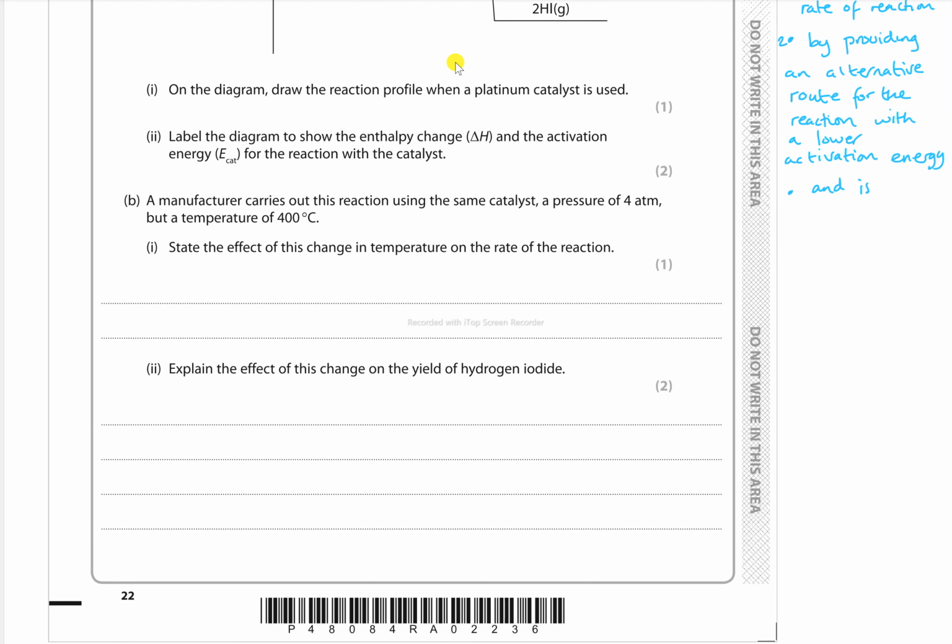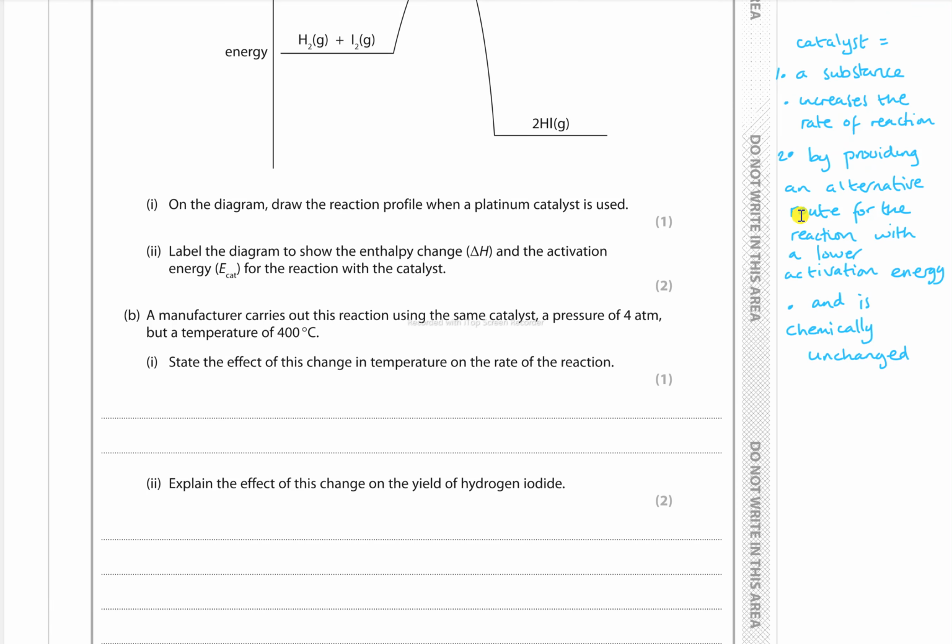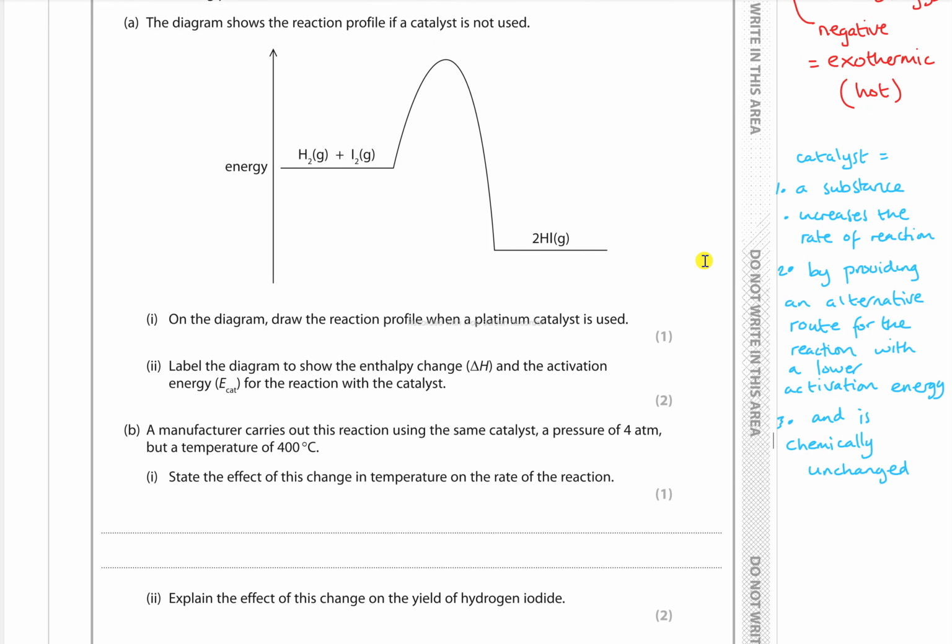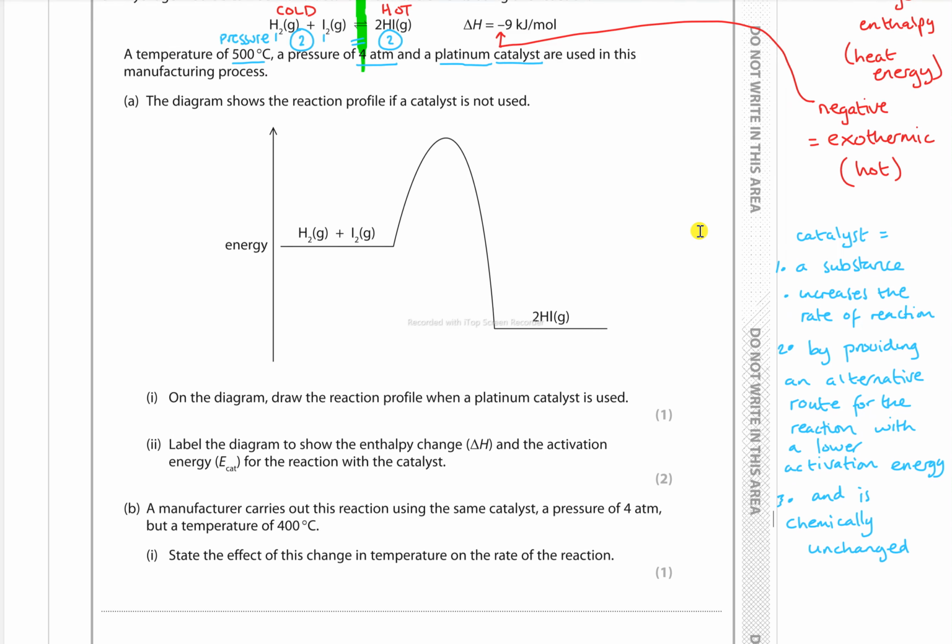Let's stick to the word chemically, because I've seen this in mark schemes and it's more popular, and is chemically unchanged, as in it's not used up. That's 3. So these are the 3 parts of a catalyst. If you can put all them in, you're not going to lose out.